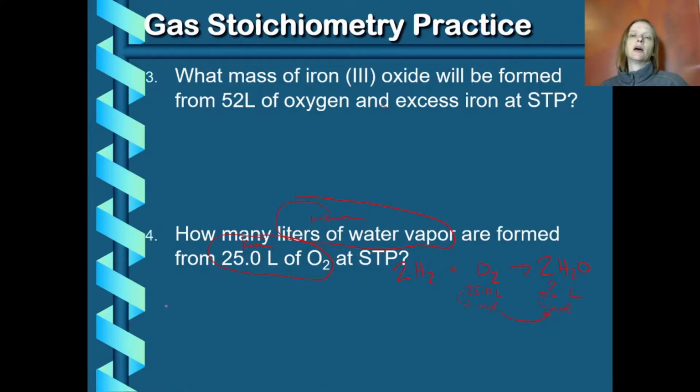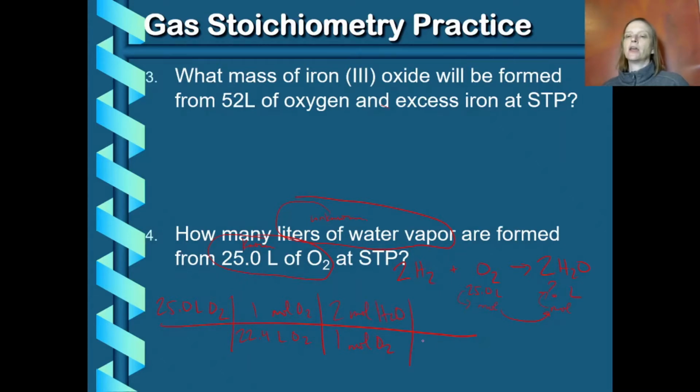And if I start with my 25.0 liters of oxygen, I can get rid of my liters of oxygen by using my 22.4 conversion factor, which is the same as 1 mole of oxygen. Then I can use the mole-mole ratio in my balanced equation to get rid of 1 mole of oxygen because that corresponds to 2 moles of water.